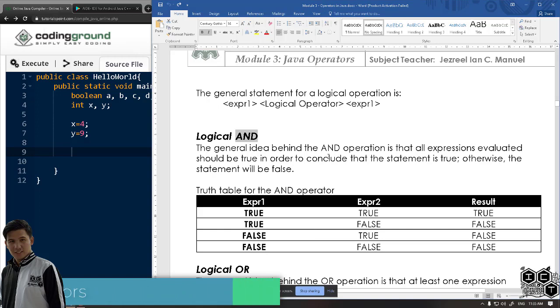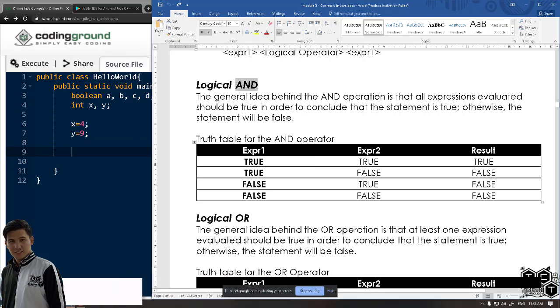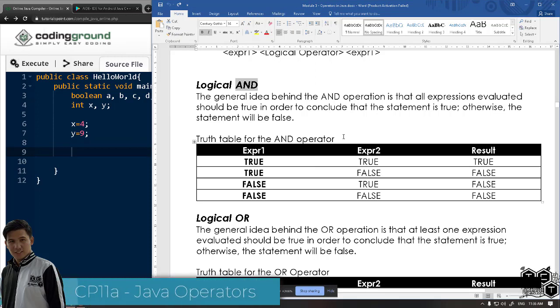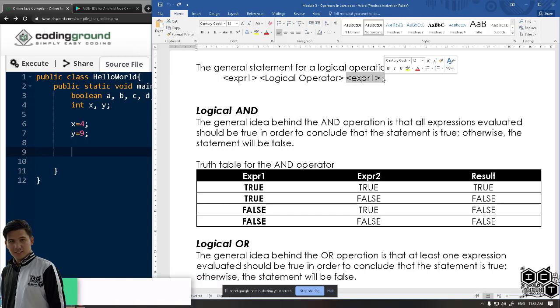Ganyan. Okay. Now, according here to the table of logical AND, you have your first expression, you have your second expression. Kumbaga, dalawang expression ang i-evaluate nyo. Kanina isa lang ang in-evaluate natin. This time, dalawang equation na.